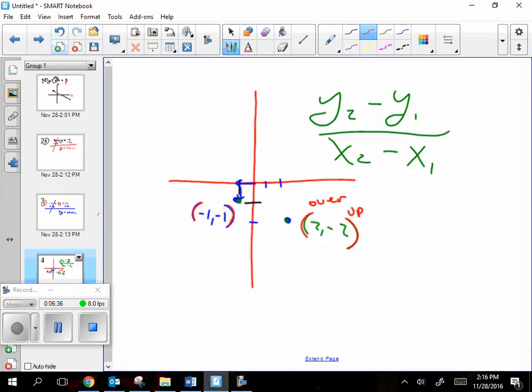Yes, it's rise over run, so the y's get subtracted on top. This one is -2 minus -1. Whew, so much math. Nobody told me there'd be math. Over this one right here, +2 minus -1.